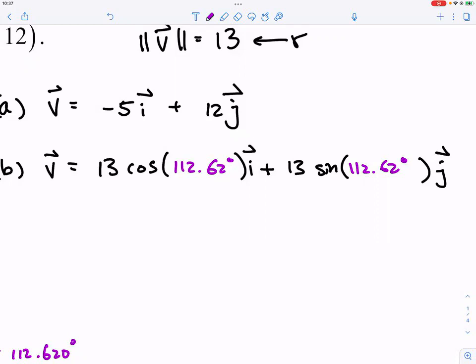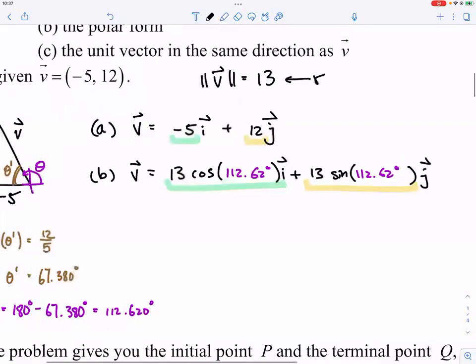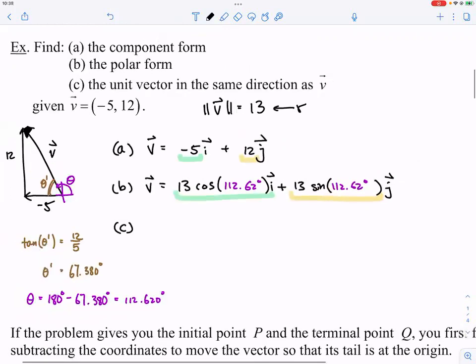The -5 right here is the same thing as this, and the 12 right here is the same thing as this. It's just a little bit more work, but it's not hard at all. Just make sure you draw a diagram, knowing what angle you're finding and what the angle of interest is.